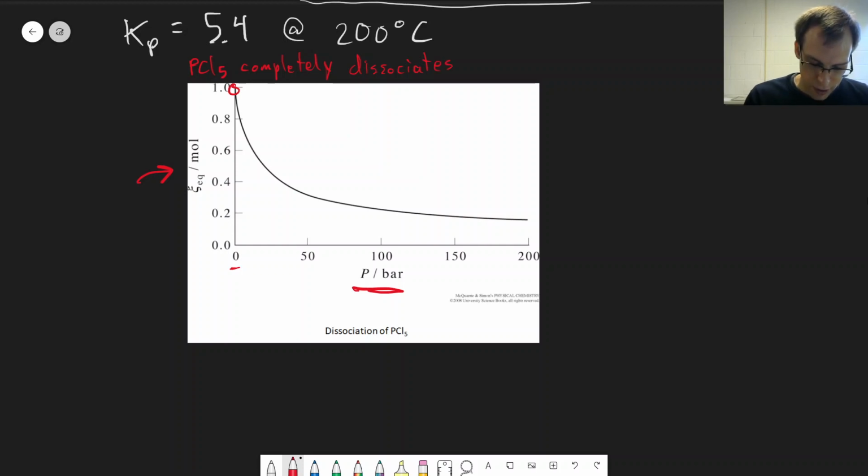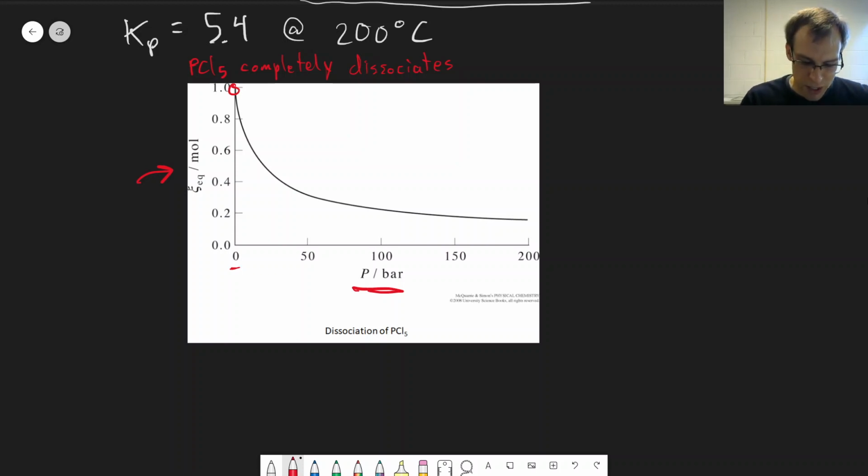Now, as the pressure increases, we have this dependence of the extent of reaction on pressure, to maintain the value of Kp equal to 5.4. That stays the same no matter what. All of this is at 200 degrees Celsius. Because we're changing the amount of moles, our total number of moles is changing. That means the equilibrium has to shift to maintain this value of 5.4.